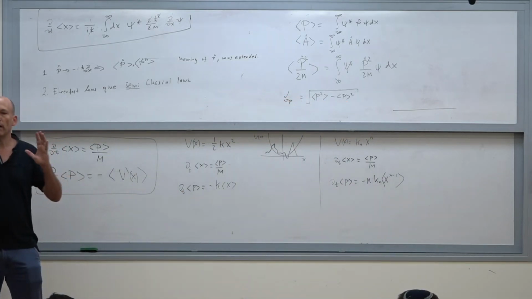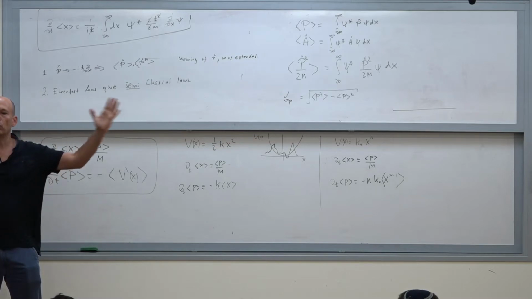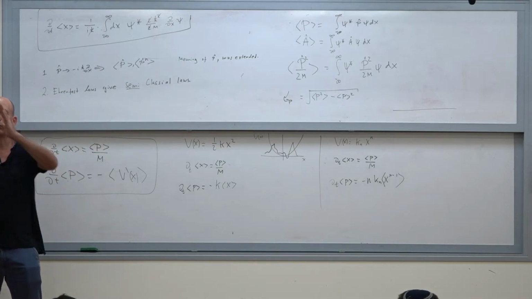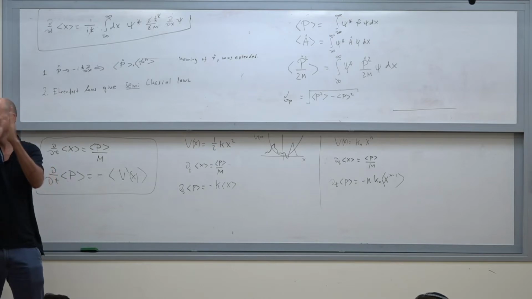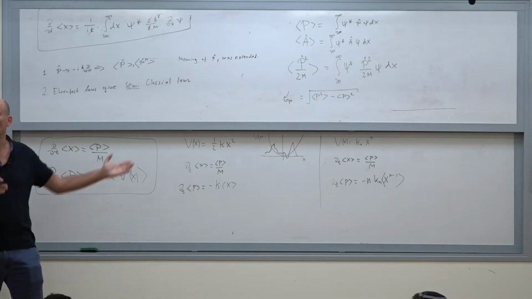Your mistake in the measurement is huge compared to the width of the wave function. So anyways, you cannot detect the width of the wave function, and all you care about is more or less the position within a mistake. So that is the average position, more or less. That will follow Ehrenfest laws.